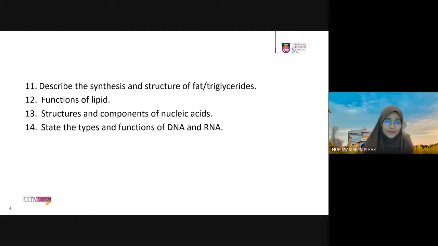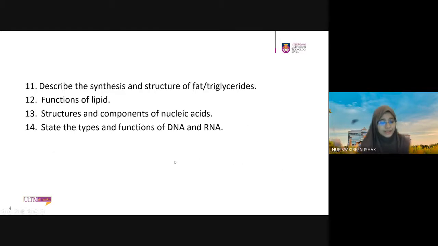So what is rRNA? rRNA is ribosomal RNA. Ribosomal RNA is the component that makes up the ribosome molecule. The ribosome molecule is composed of rRNA, ribosomal RNA, and also proteins combined together.